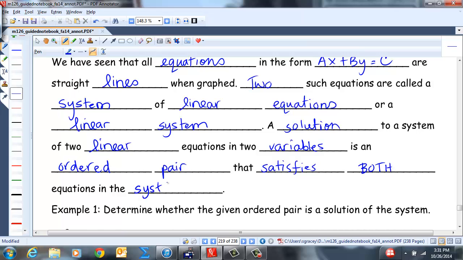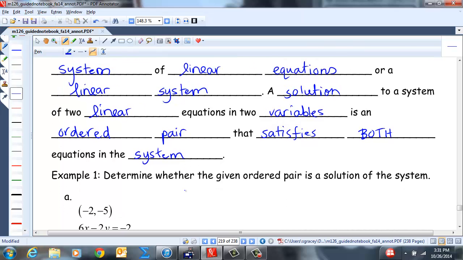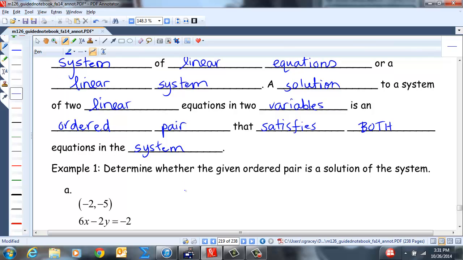So when you move on to a system of three equations, three unknowns, you're in three dimensions and you end up getting an ordered triple instead of an ordered pair. But really the same concepts apply. They're just a little more complicated.